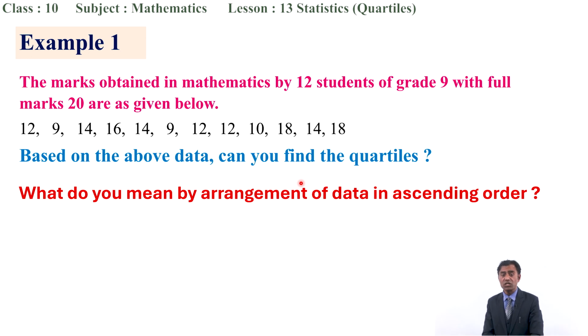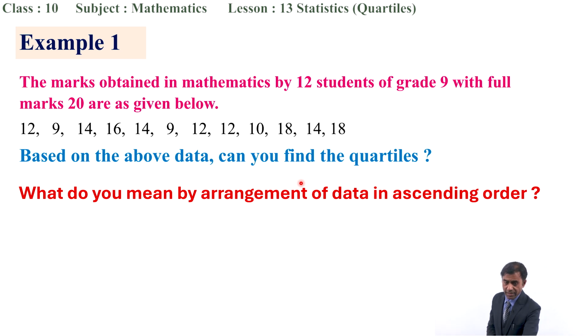What do you mean by arrangement of data in ascending order? It means writing the given data in increasing order, smaller to greater. Why do we ask this question? Because we must arrange the given data in ascending order to find the first quartile, second quartile as well as third quartile.